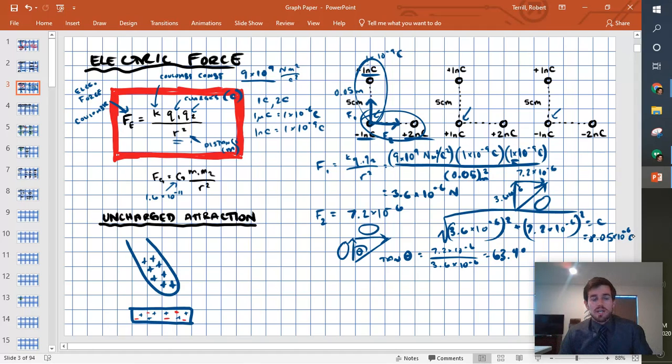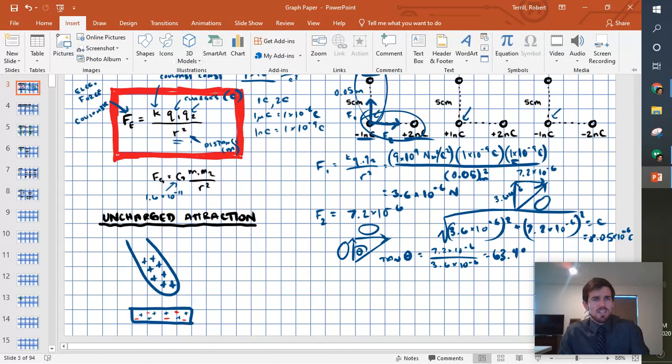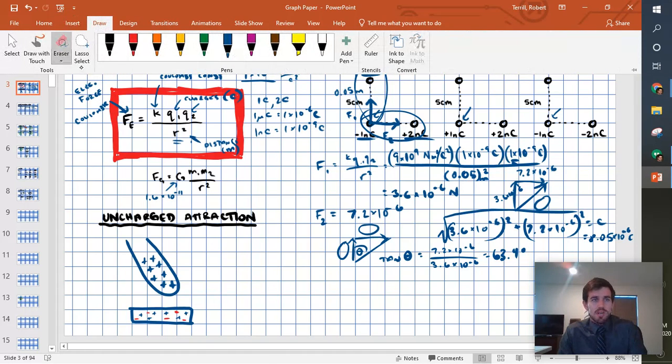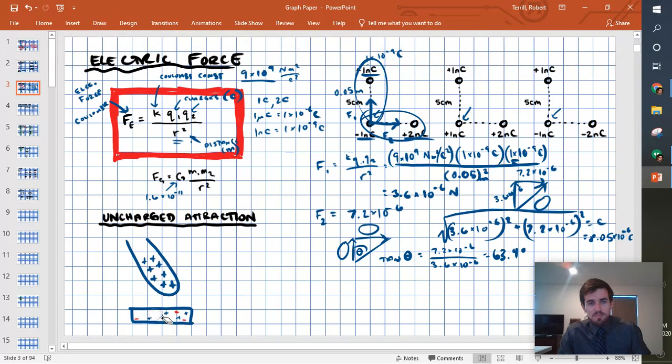But let's talk real quick about the uncharged attraction. I talked about earlier, like in a previous video, if you brought a balloon near a piece of paper that's totally uncharged, the piece of paper is attracted towards it. Well, the reason why that happens is because of the charge separation and the ability of charges to conduct and move around a little bit within an object.